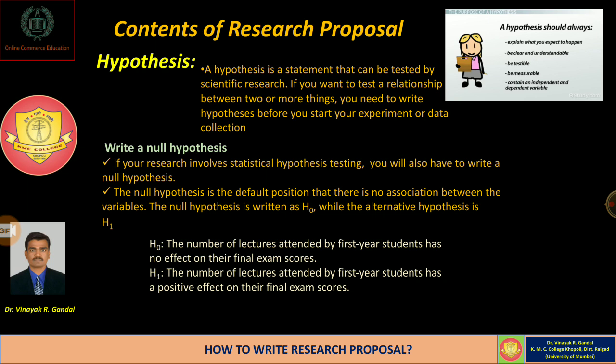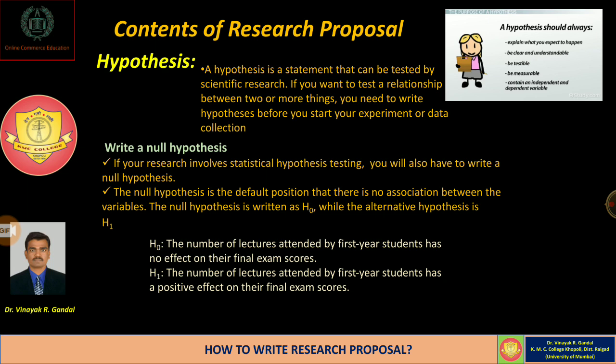So in the case of drafting of hypothesis, we have to consider some things. That is, hypothesis is the statement that explains what you expect to happen. Hypothesis should be clear and understandable. Hypothesis must be testable.